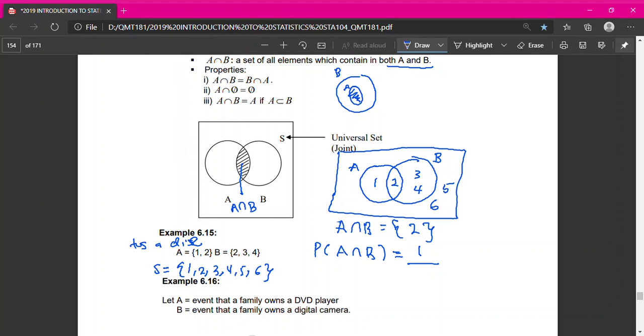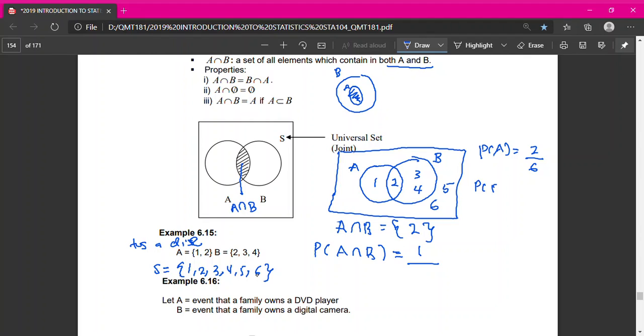Alright. So, tadi A intersect B adalah number 2. Bilangannya adalah 1. Ini dia punya outcome. Kalau nak cari probability, macam tadi kan kita kata, number of outcomes in event A divide dengan total sample space. Macam ni tadi, probability of A adalah 2 over 6, sebab bilangannya 2 per dengan 6, total outcome untuk sample space.